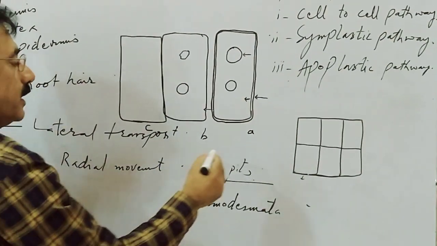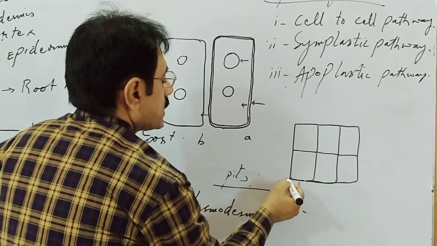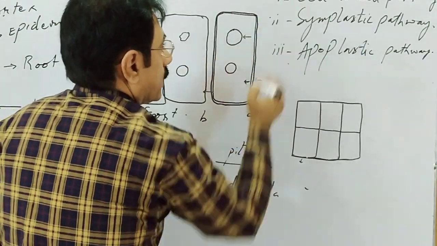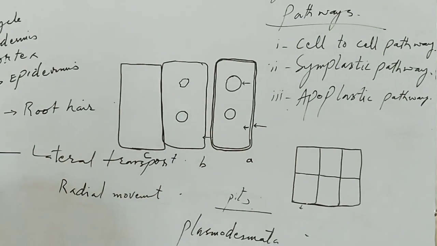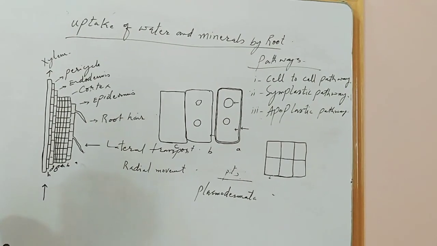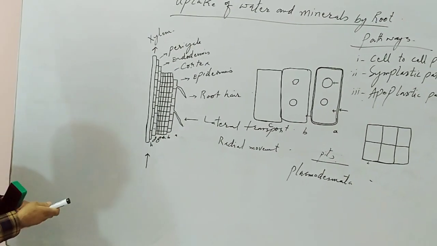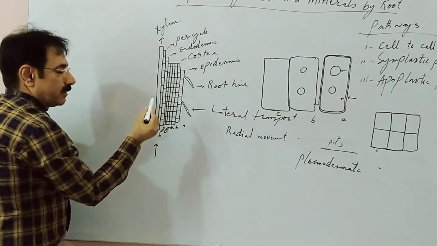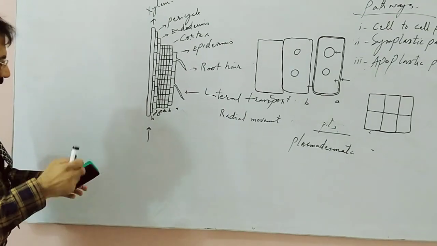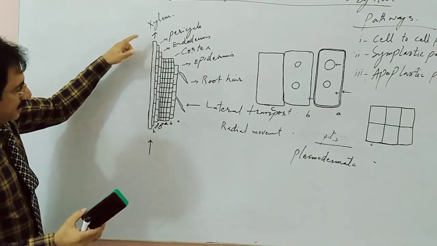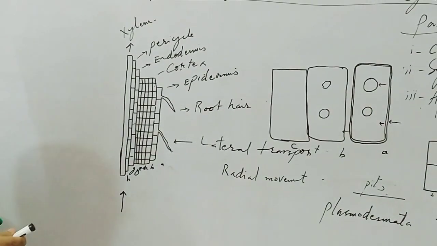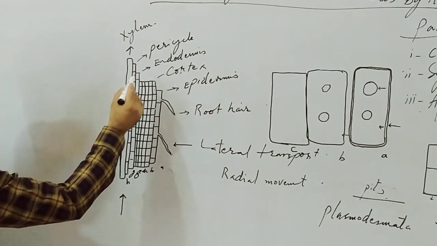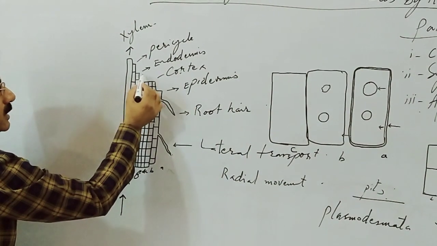This pathway is faster than the other two, the cell to cell and the symplastic pathways. But here there is a problem: the endodermis. There is a demarcation, a belt formed by the endodermal cells.